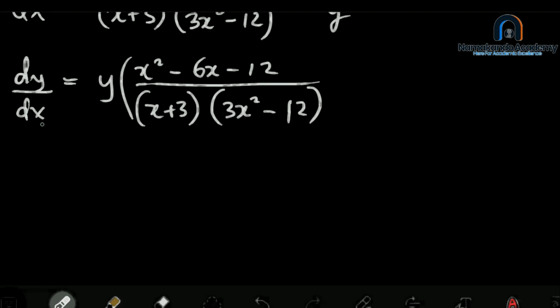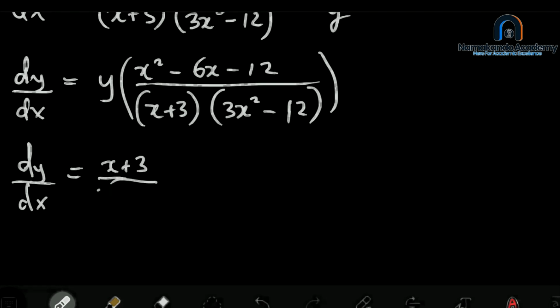So dy/dx will be equal to, we replace back what we have for y. Y according to our question was x plus 3 over the cube root of x squared minus 4. Everything here is multiplying with everything inside brackets.